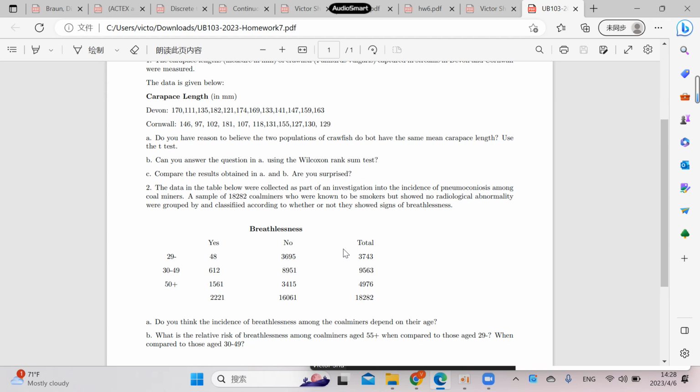The way to do this is you use N1, the number of observations in Devon, N1 minus 1 times the variance of Devon plus N2 minus 1 times the variance of Cornwall, then divided by N1 plus N2 minus 2.